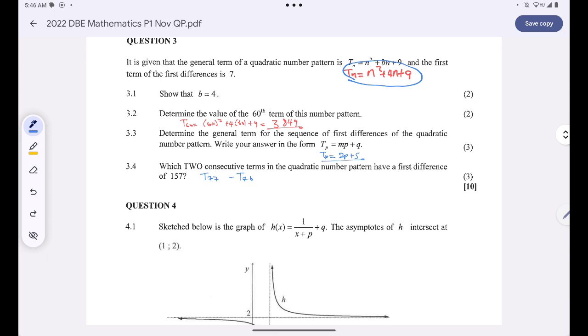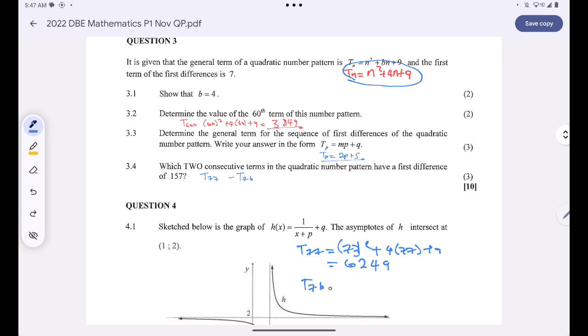If you want to find the actual values and see whether it's true, on your question paper you can simply write T77 is 77 squared plus 4 times 77 plus 9. What do we get? You'll get 6249.